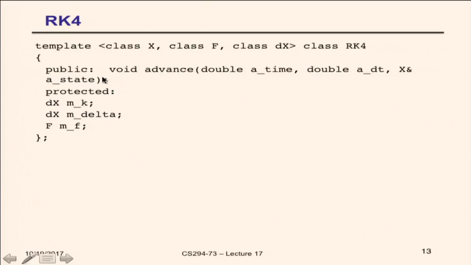So the calling program, the driver, actually knows what state is and can manipulate state outside. It can set up initial data and other information. All of the things like dx, the increments of the solution, and the class for how to compute the right-hand side are all internal to RK4.